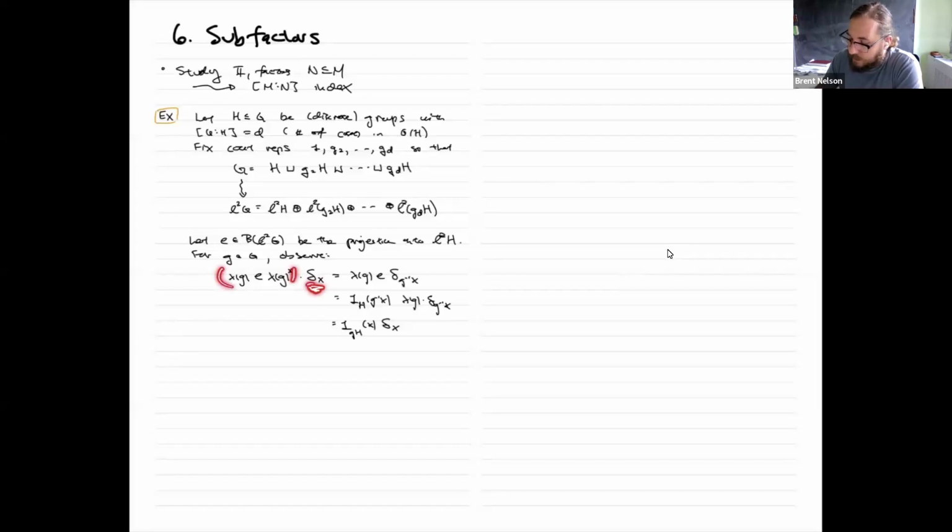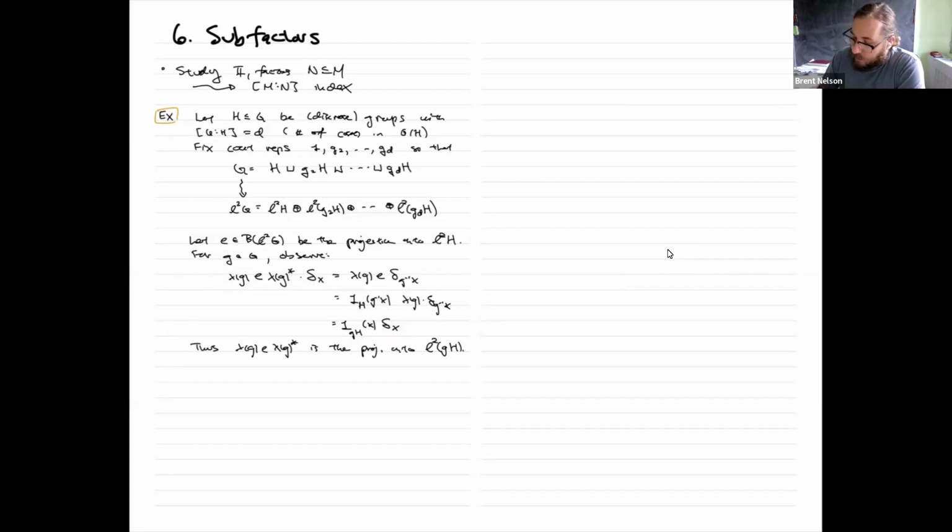It sent delta X back to itself, provided X belonged to this translation of H, and otherwise sent it to 0. So what this tells us is that this conjugation of E is the projection onto the subspace little L2 of GH.